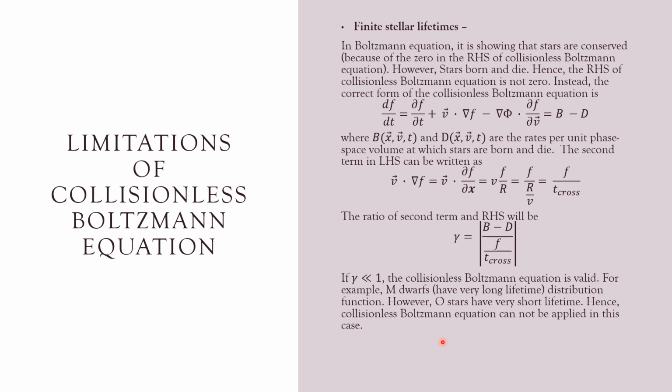However, for stars with shorter lifetimes, such as O stars, the assumption of stellar conservation breaks down. That means in this case, the right side is not zero anymore, and the collisionless Boltzmann equation cannot be accurately applied.